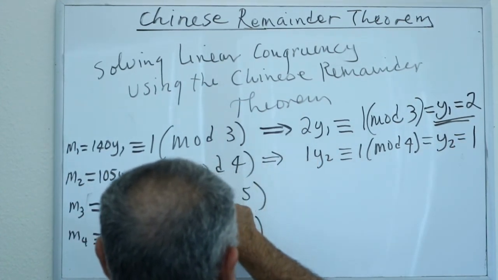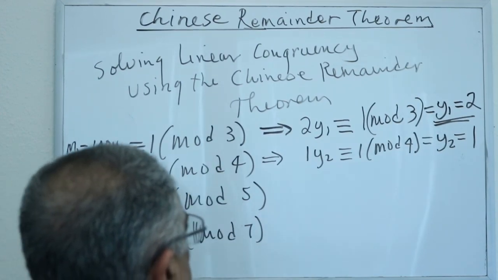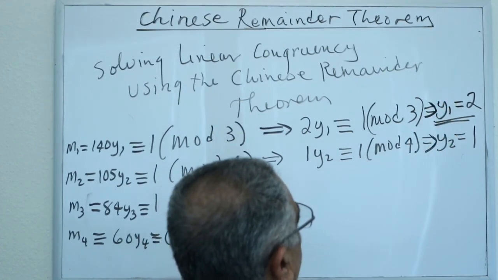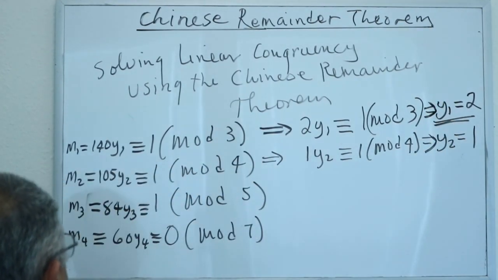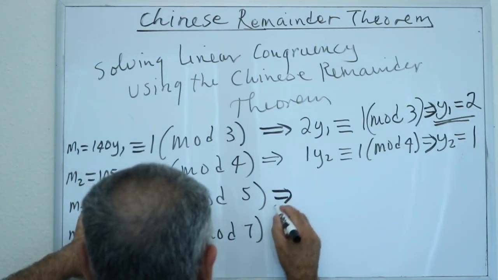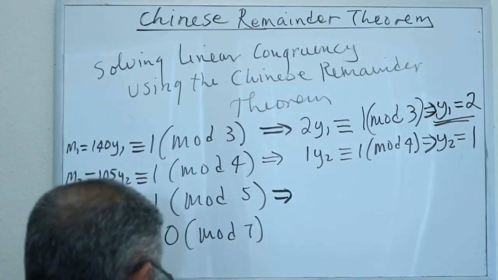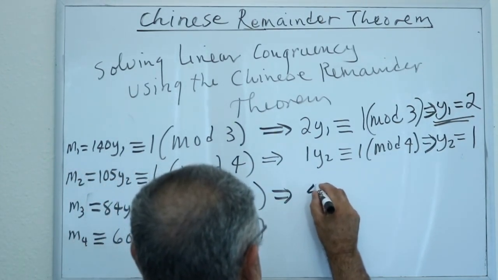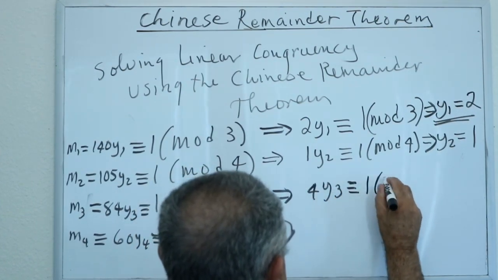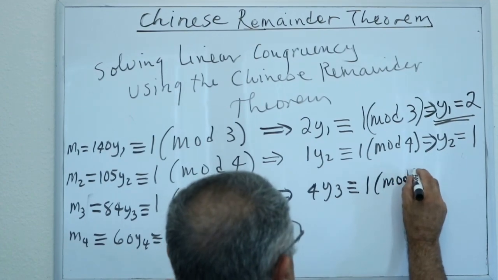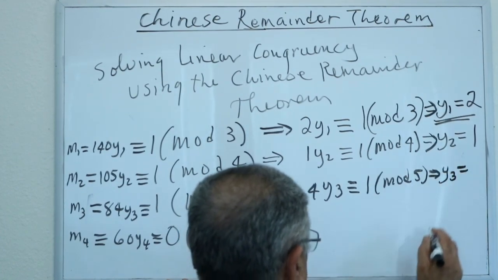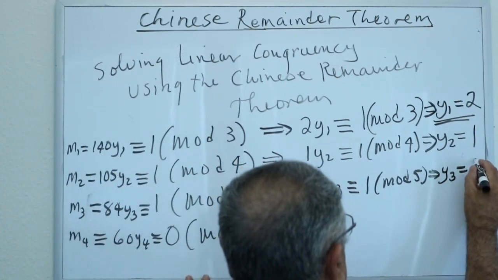Then I'm going to have 84 modulus 5, which gives me 4, so 4 y sub 3 is congruent to 1 mod 5. So y sub 3 is actually 4.